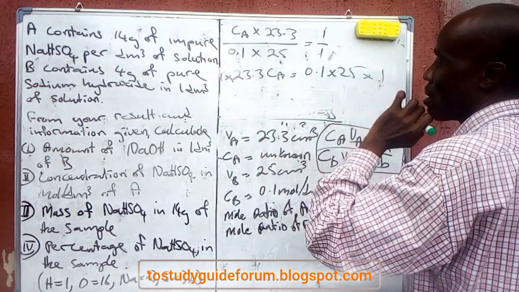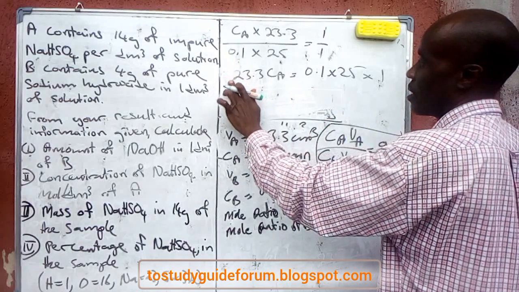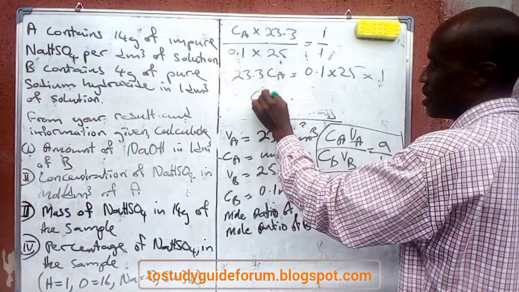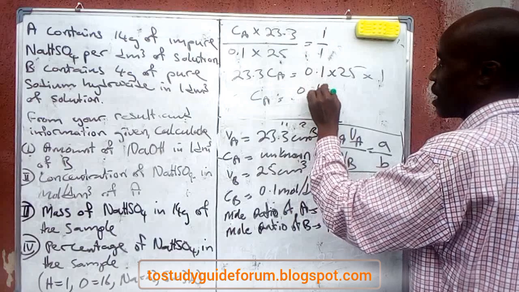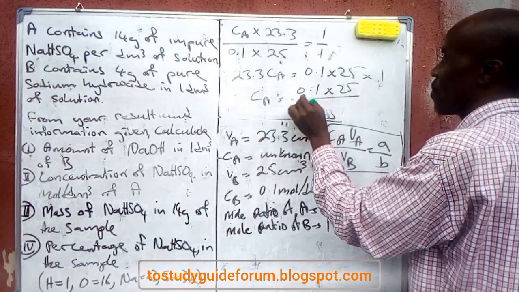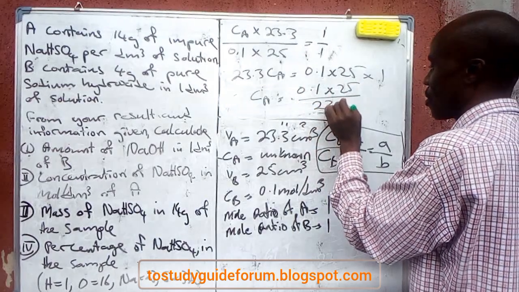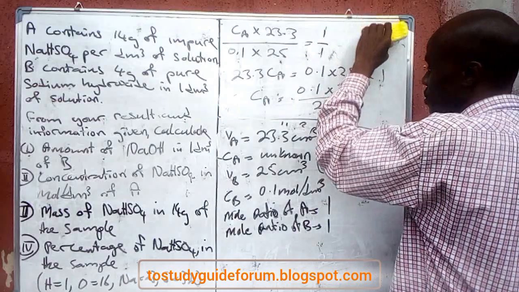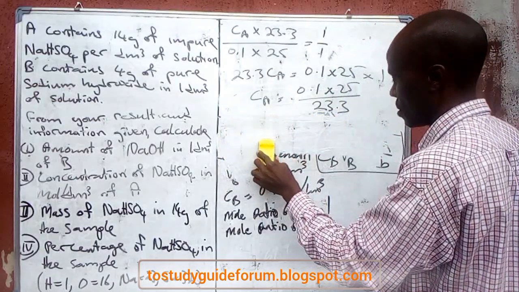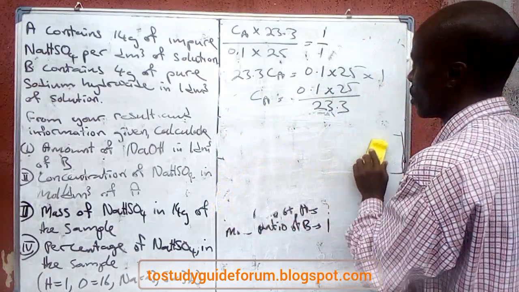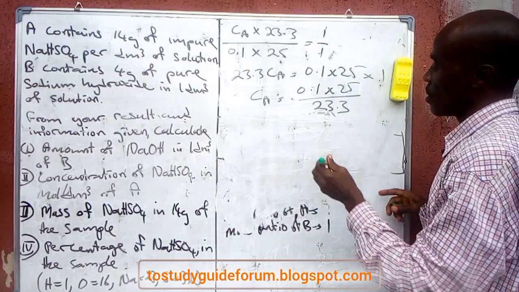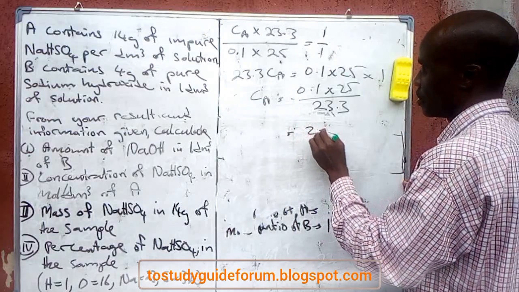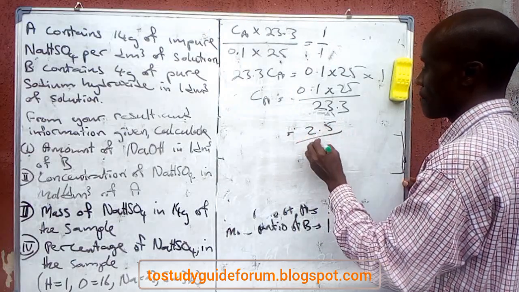So everything will give us, okay, I've already done that. That means CA will be equal to 0.1 times 25 over 23.3. So the next thing is we'll have 2.5 over 23.3.